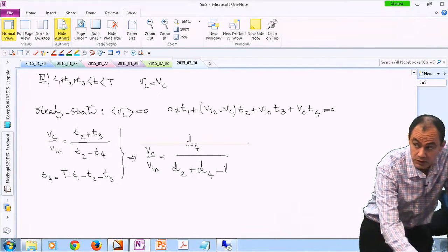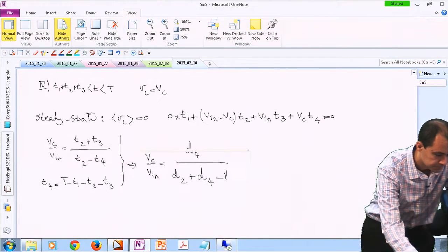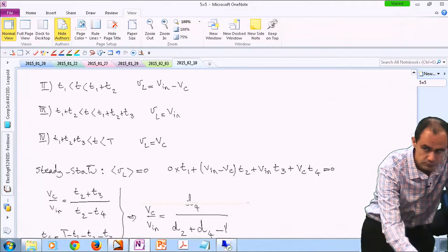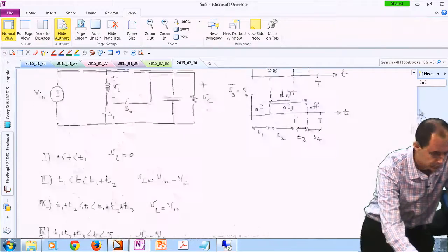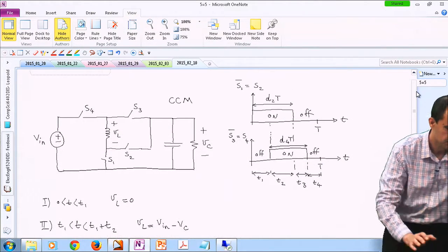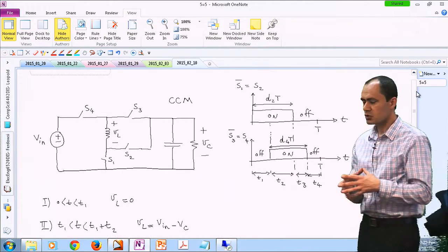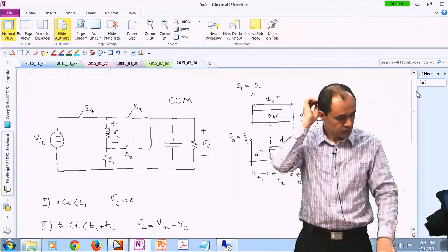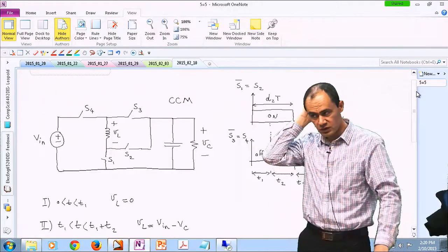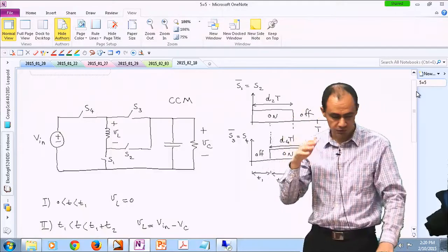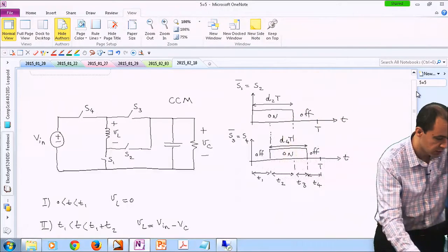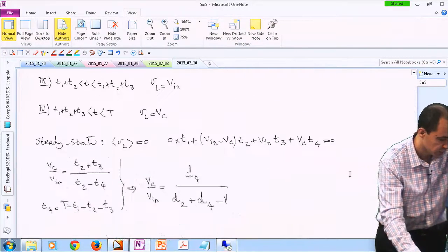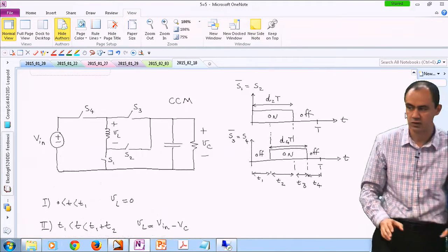Dr. Ferdowsi. Yes. So, do we get to decide the sequence of the gate pulses and which switches should be complementary and which shouldn't be? So the question is how do we determine the sequence of the switches. It's up to you. For instance, if your objective is to create a voltage transfer ratio like this, then you should command S2 and S4.